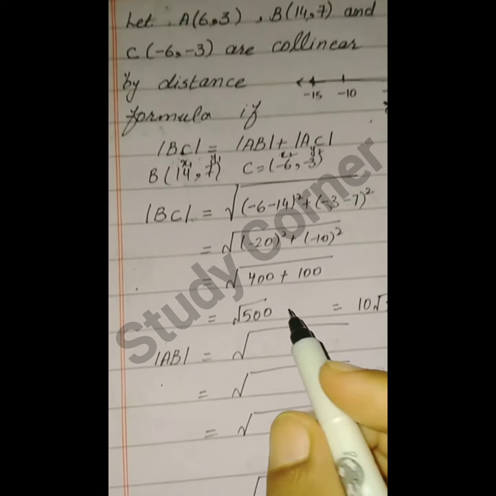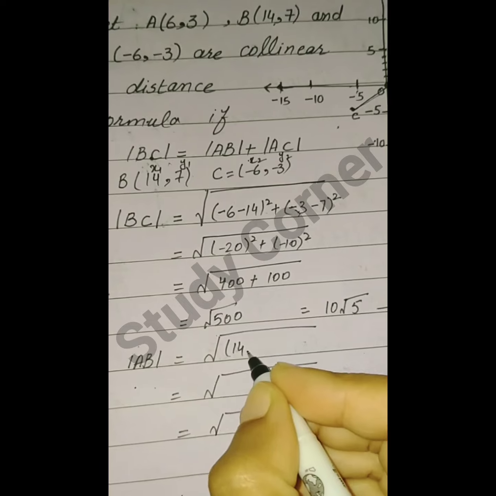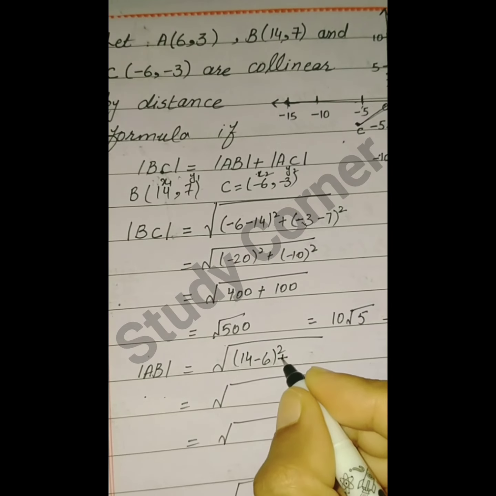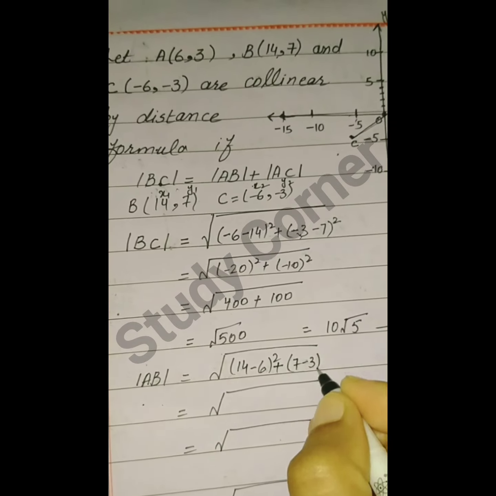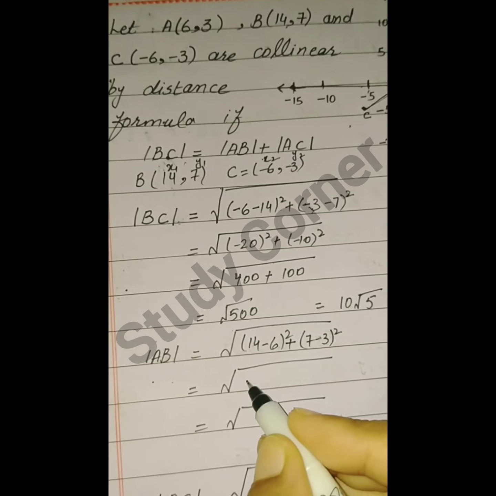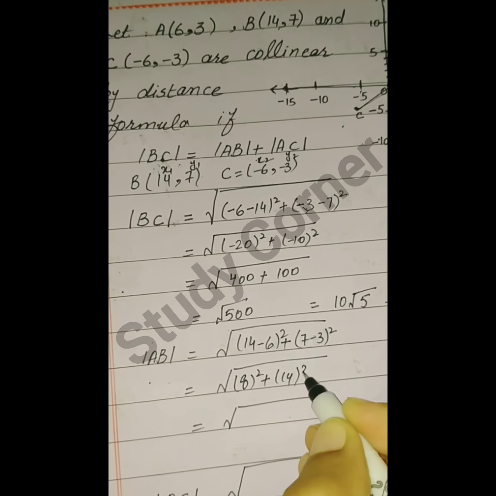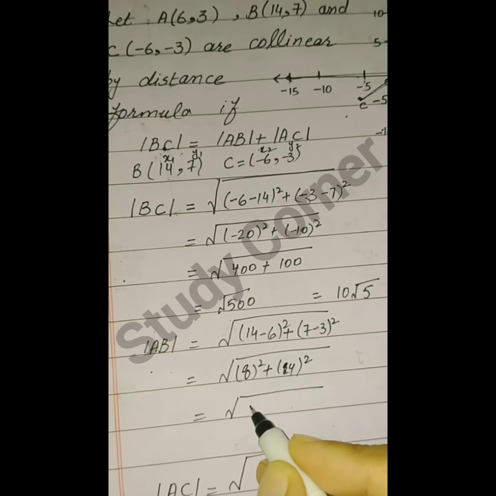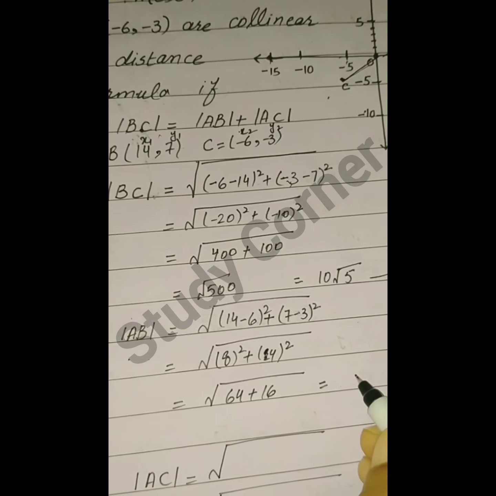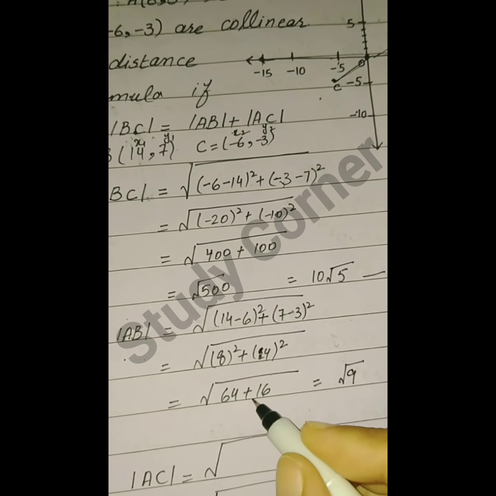Now we have to find the distance between A and B, that is (14 - 6) whole square plus (7 - 3) whole square under the square root, and this is equal to 14 - 6, that is 8 square, and 4 square. So that is equal to 64 plus 16, and we get 80.